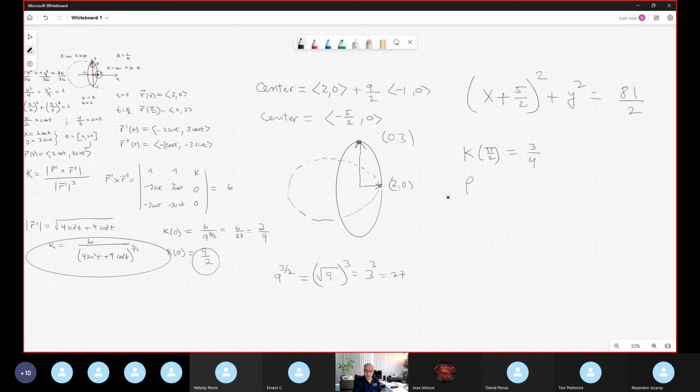Now the radius of curvature at this point is the reciprocal, que es 4/3. And to find the center, we use the normal vector. The center is equal to 0,3, this vector, plus the radius of curvature, 4/3, multiplied by the normal vector.